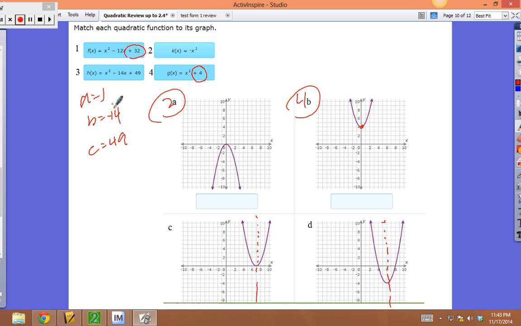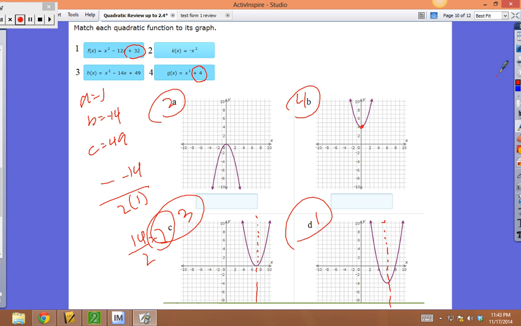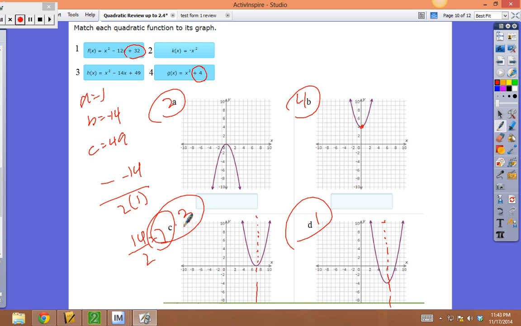If I find the line of symmetry, it's going to be negative B divided by 2 times A. So it's going to be 14 over 2, it's going to be 7. So which one of these crosses at 7? This guy right here. So C is going to be 3, and that means 1 is D. So sometimes you might have to find a line of symmetry, figure out where they cross.